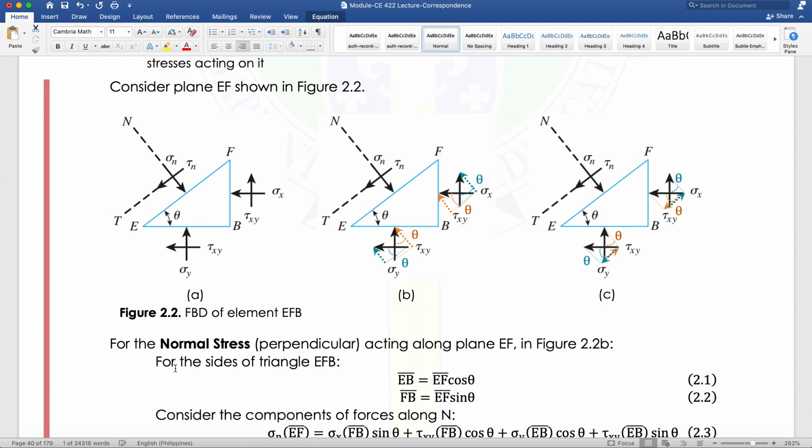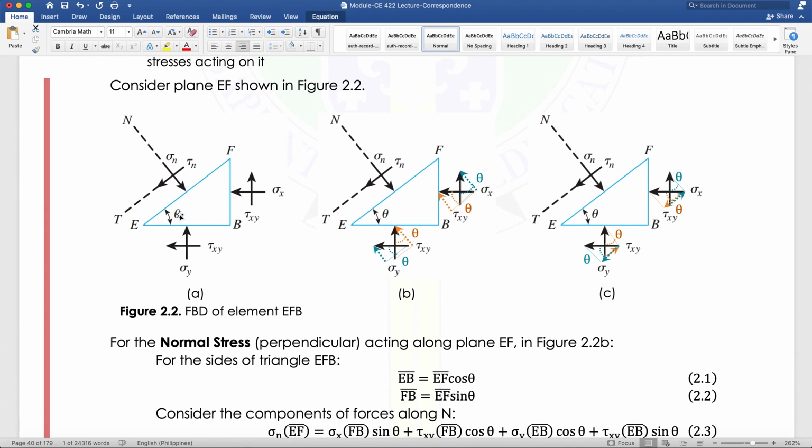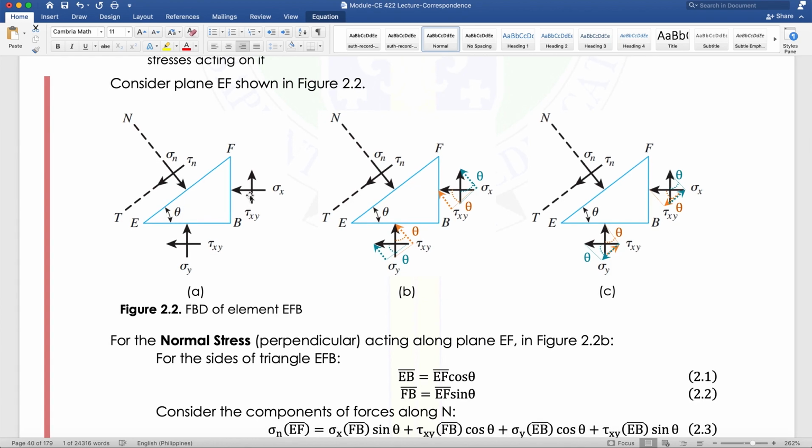Using the given, we can solve for line EB. Line EB can be solved using the cosine function. Cosine theta is equivalent to EB over the hypotenuse EF.